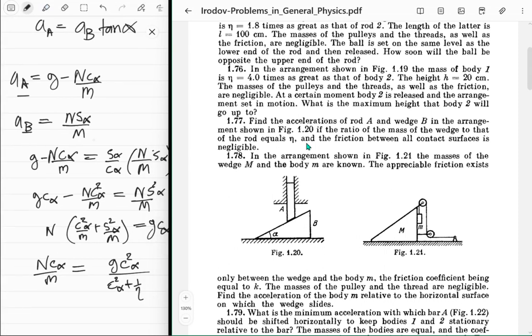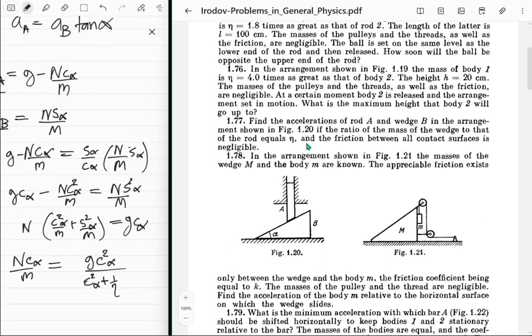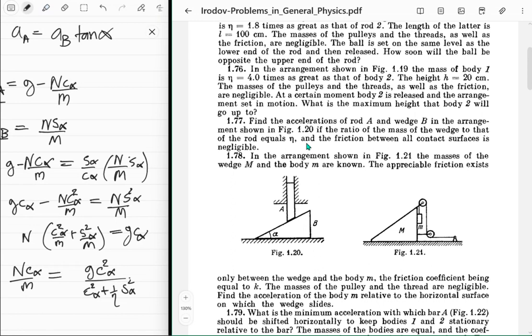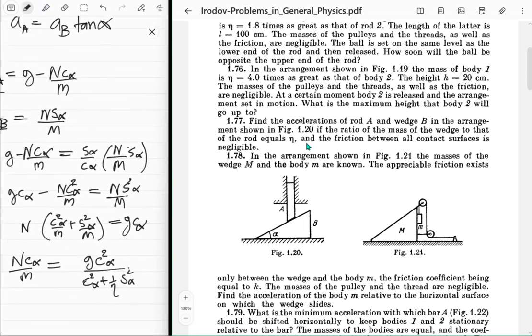And for this thing, it's even... Okay, figure out something, right? 1 upon eta times sine squared of alpha. Really, capital M upon small m would be eta, so it has to be like that. So you got this thing. So g minus that.